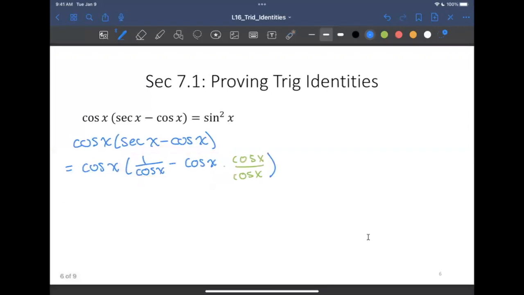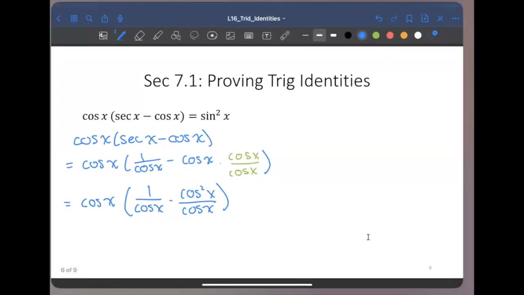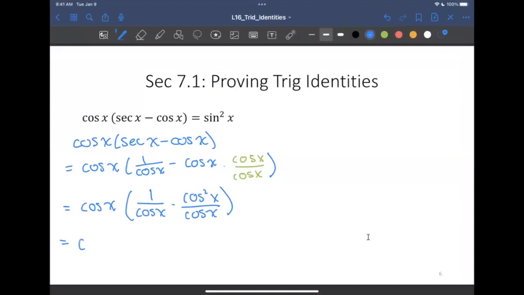That gives me cosine of x times 1 over cosine of x minus cosine squared of x over cosine of x. Now I can combine them since they have the same denominator, and that gives me cosine of x times 1 minus cosine squared x over cosine of x.